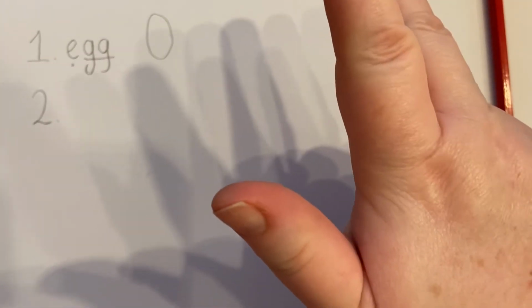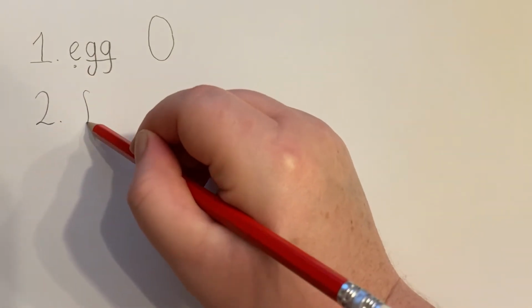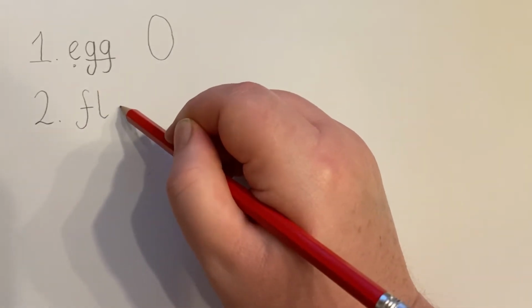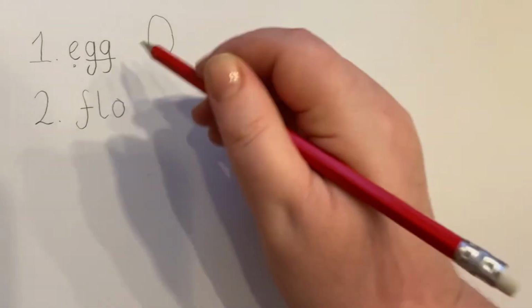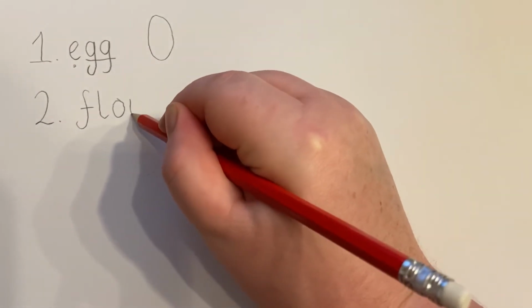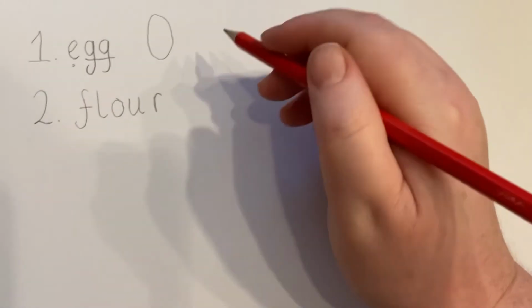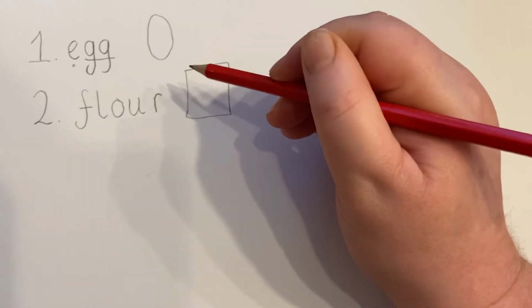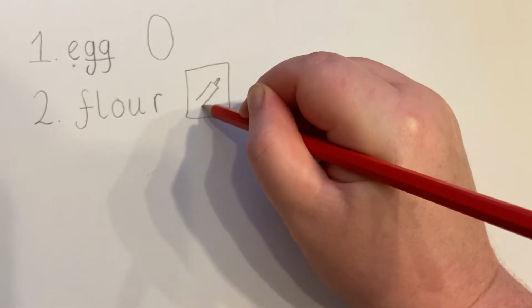So I'm going to have a think. L, ow. And then I'm going to draw a picture of some flour. It's usually in a packet like this. It might have a rolling pin on it.